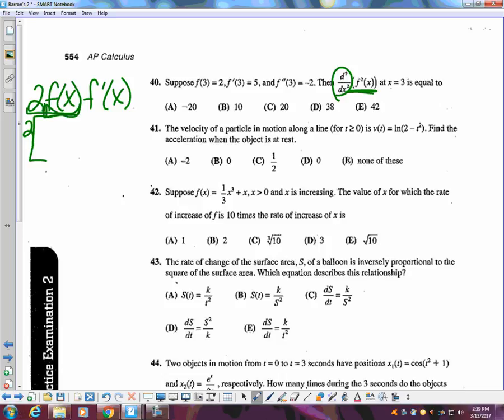So I'm going to look at f of x times f prime of x. Okay, so go product rule on it. Leave it, derivative, so f double prime of x, plus f prime times f prime.